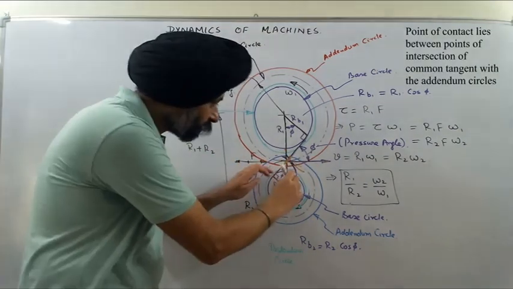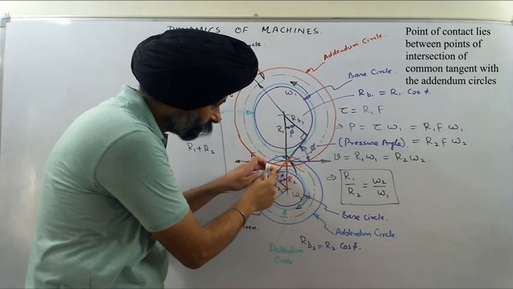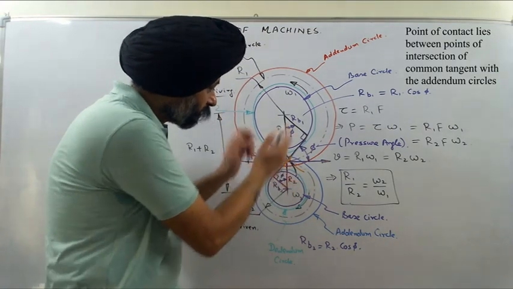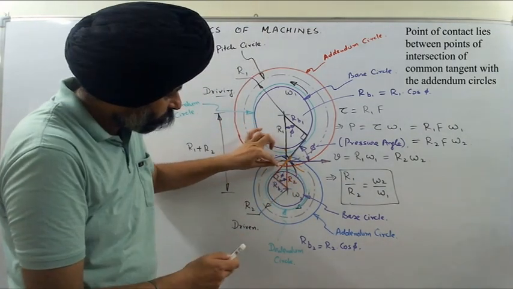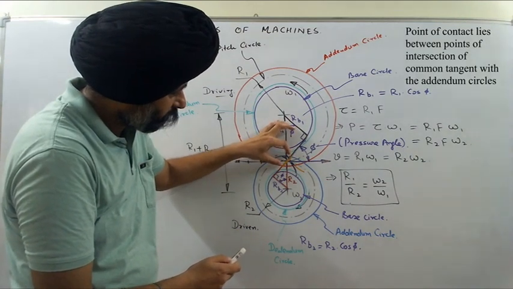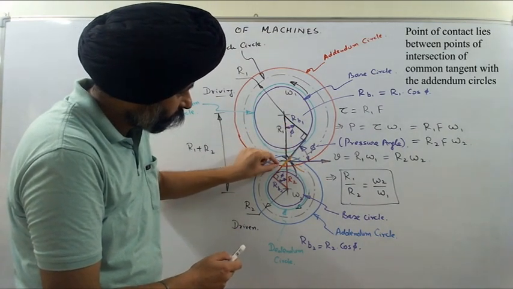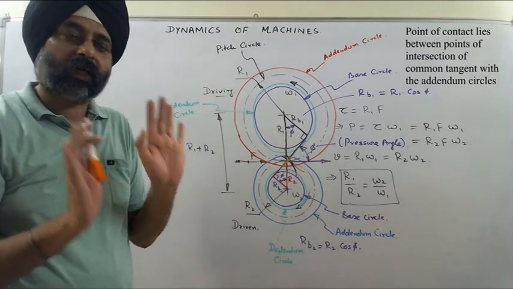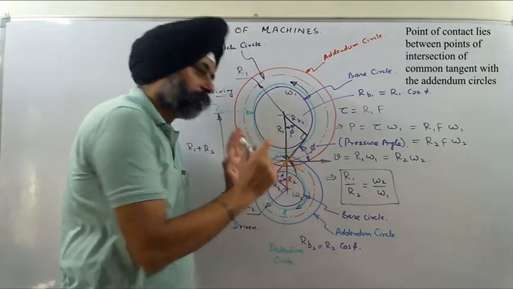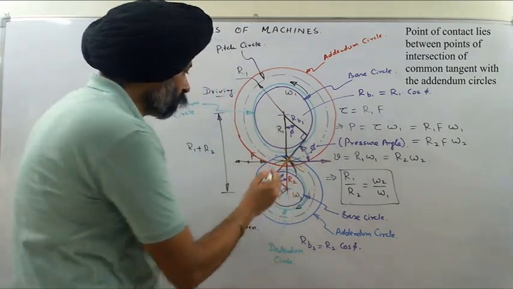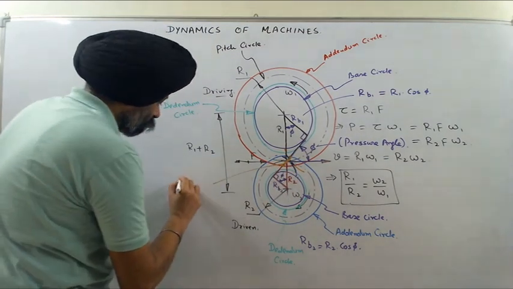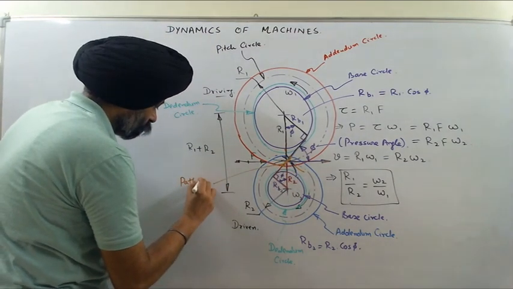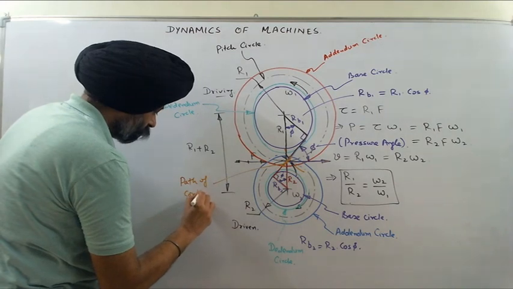If we increase the addendum, the starting point will shift downwards. If we reduce the addendum, this point will shift upwards. But this is all the way on which the point of contact can travel, and this line is known as the path of contact.